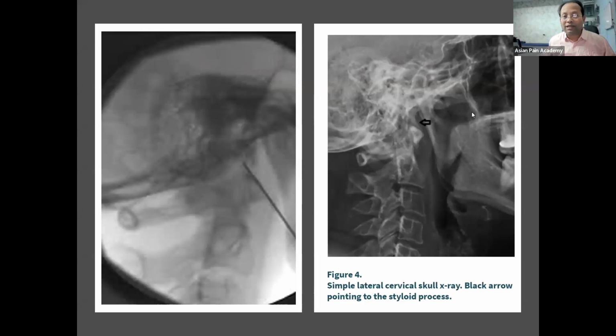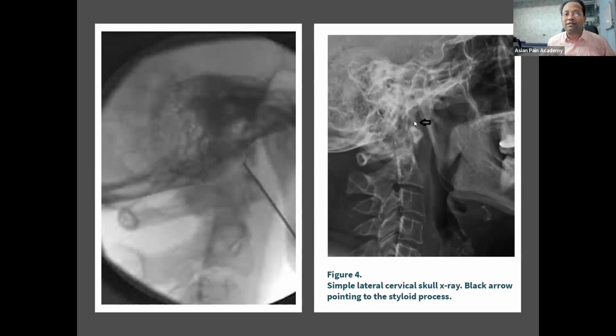So first see the right picture. This is the angle of the mandible, and this is your C1 vertebra. On C1, you can see the odontoid process, and this is the anterior part of the C1 vertebra. So between this C1 vertebra and this mandibular ramus, this area, this arrow-marked area, is the styloid process.